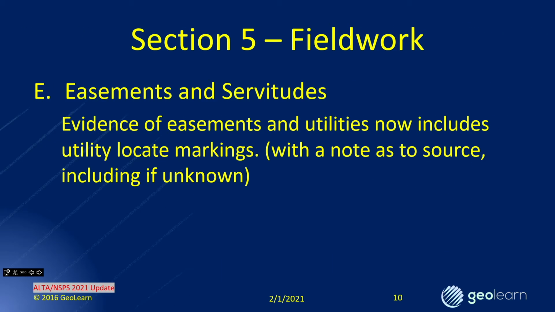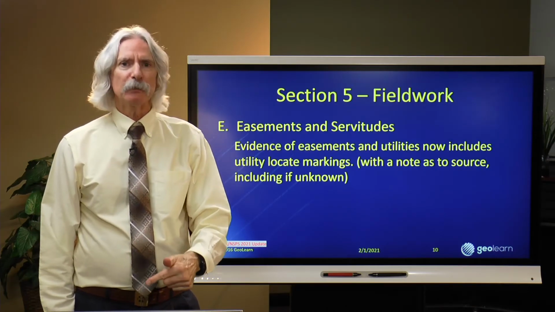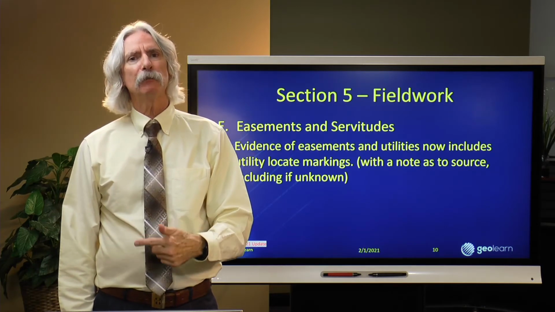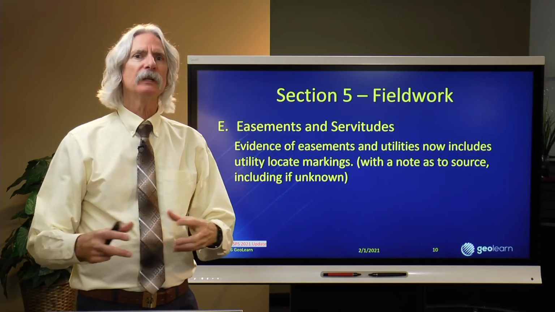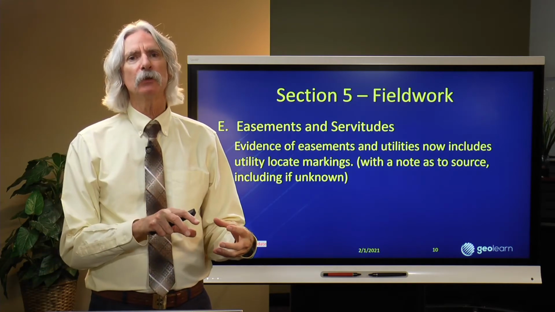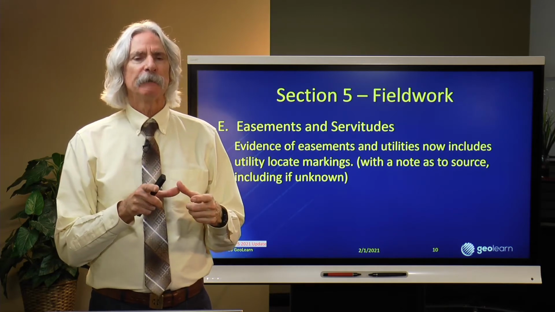The committees decided that utility locate markings, which would normally be flags or paint or maybe chalk, depending on the situation, are evidence of utilities. In 2016, Section 5E4 pulled in all observed evidence of utilities on the property as a mandatory item.